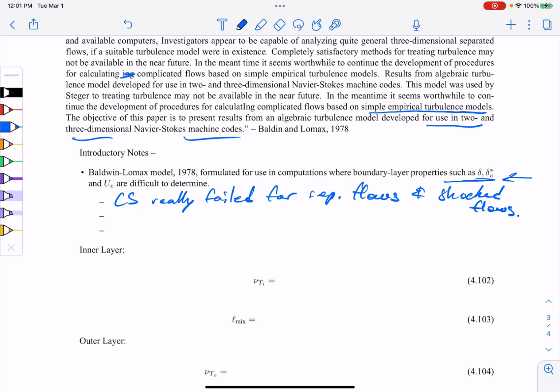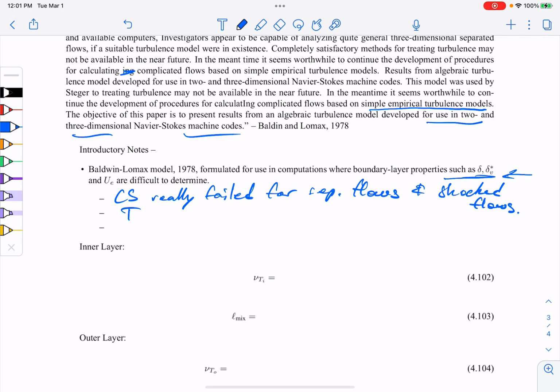But the people designing aircraft, like at the Douglas company where Cebeci and Smith were, don't really care as much because they're in the business of making money and building aircraft. The people at NASA were a little more elegant, I would argue, and they wanted a more elegant turbulence model that wasn't dependent on the solution before it was run.